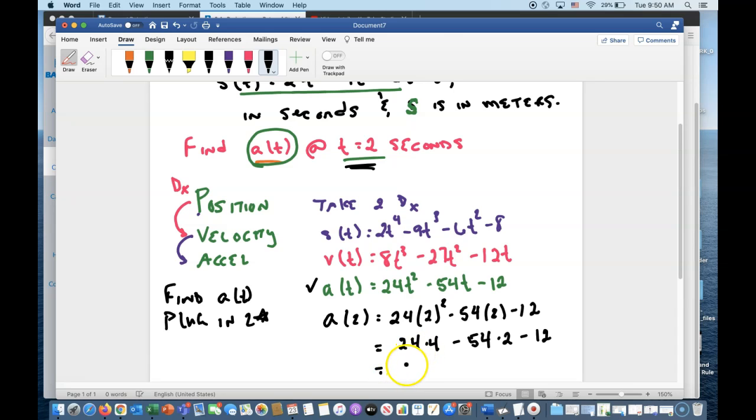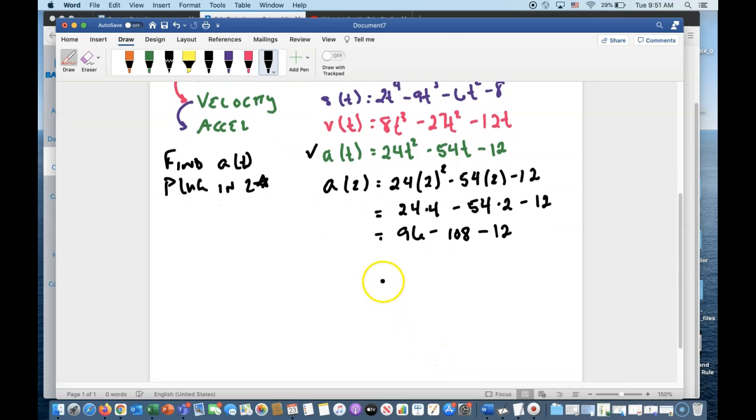I believe 24 times 4 is 96 minus 108 minus 12. Finishing up here, so we're going to have negative, and I like to make sure that I have my values correct. So I'm going to take a minute to check to make sure I do get my values right. Yeah, negative 12 minus 12. So these two values combine to give me negative 12. Negative 12 minus 12 is negative 24.